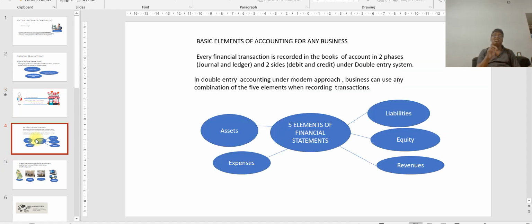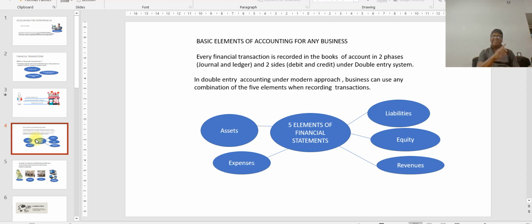Then the basic element of accounting for any business. Every business transaction is recorded in the books of account in two phases. First journal, then ledger. The journal is the book of original entry and prime entry, and the ledger is the secondary or final entry.